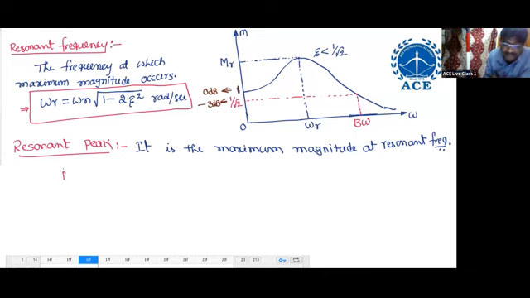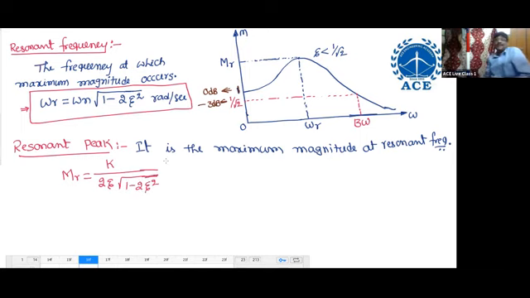That is MR. The standard form of MR is K by 2 zeta root of 1 minus zeta square.